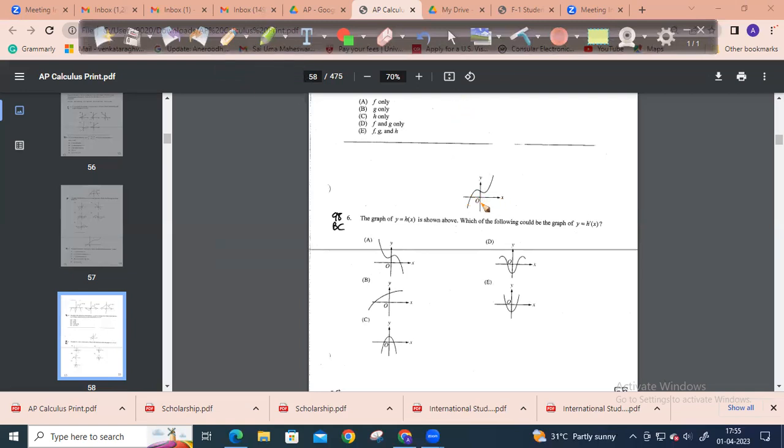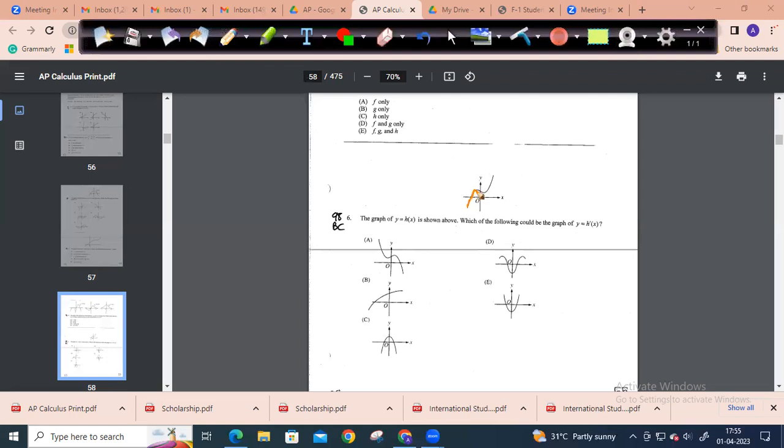If you see this question, you can do this in multiple ways. One way: the function is increasing till this point, decreasing till this point, and again increasing.